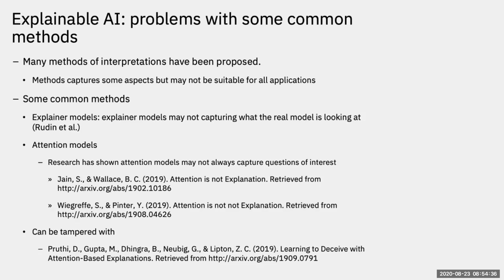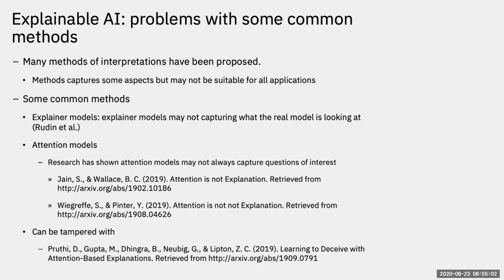So explainer models are essentially augmented models that are themselves very simple, such as linear regression or decision trees, that are built to explain, or rather trained on, the outputs of a more black box model, and their feature importances are thought of as explaining the black box model itself.